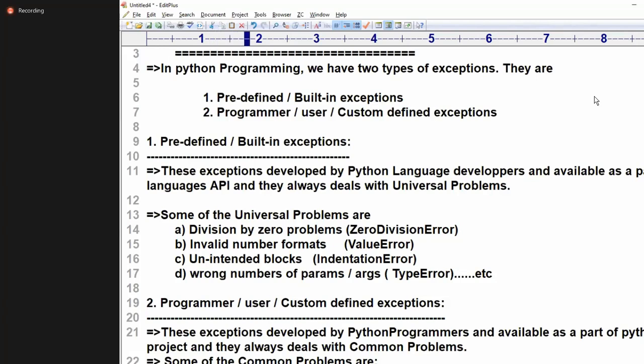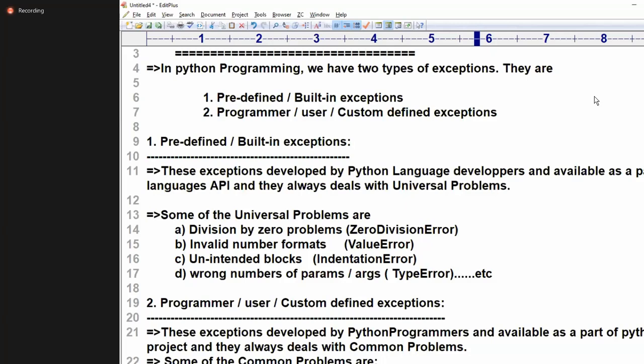Exception. Exception requires what? Object. Object requires what again? Exception class is required. Such exception class was not there in where? API. Who needs to develop that?